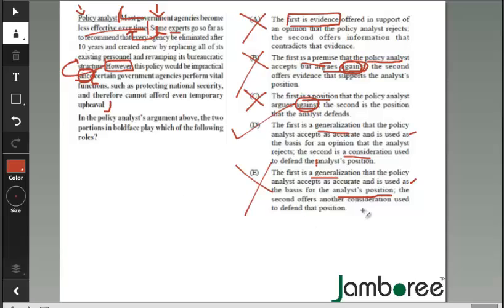The phrase 'another consideration' is not true, because for another to exist there has to be one more, right? When do you say another? If you say I want another tea, that means you already had one tea and now you need another one. So for the word another to exist, you need to have one more thing, but this does not have anything else. Yeah, Priya, you could have done that as well.